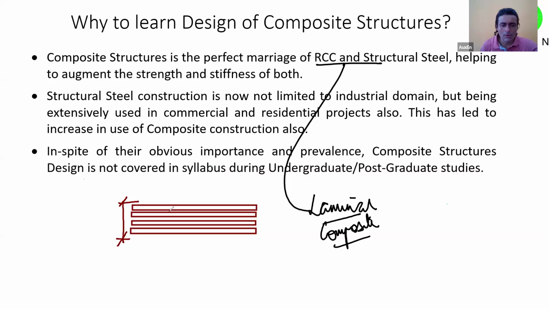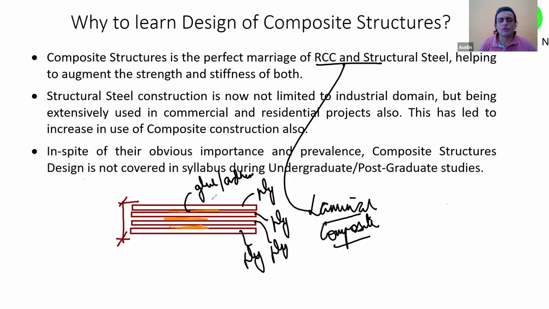They are joined through some glue or adhesive to make one plywood. So this is one ply, this is ply, this is ply, and this is ply. And then this will be a glue or adhesive, and these are pressed to form one plywood. So these are called laminar items.